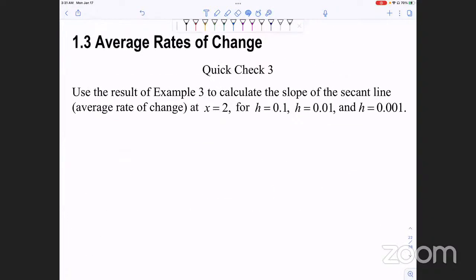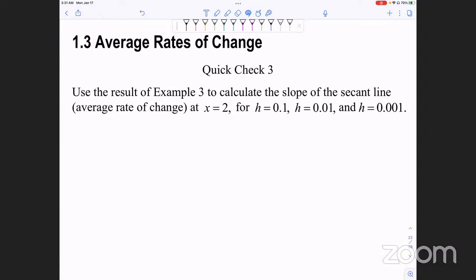Okay. So now use the result of example 3 to calculate the slope of the secant line, the average rate of change, at x equals 2 for h equal to 0.1, 0.01, and 0.001. Notice this change is getting smaller and smaller. That second point is getting closer and closer to the first point, right?